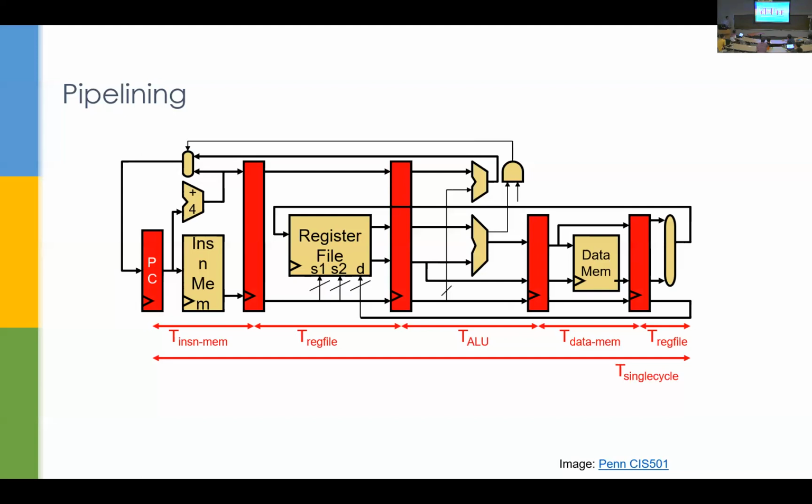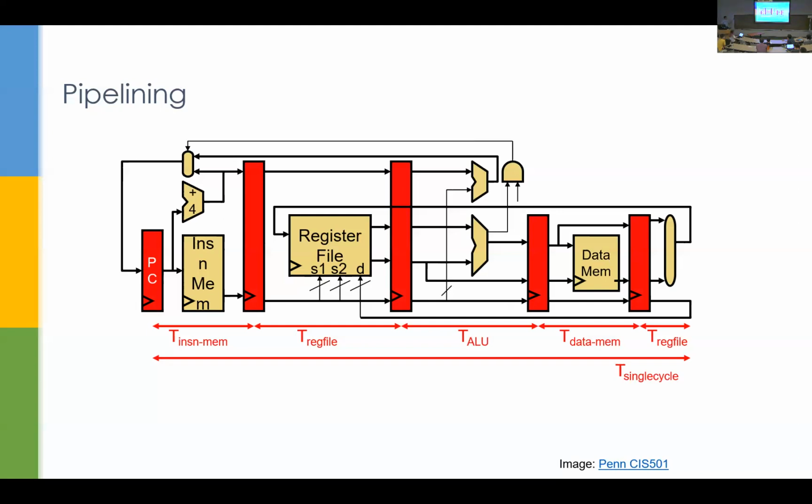So if you think of this as a queue, if Pn is here, Pn minus 1 is going to do this, Pn minus 2 is going to do that, Pn minus 3 is going to do that. So you can have multiple instructions running at the same time. However, there's one bad thing here. Because of all these red barriers that we've created, you're going to get more latency.